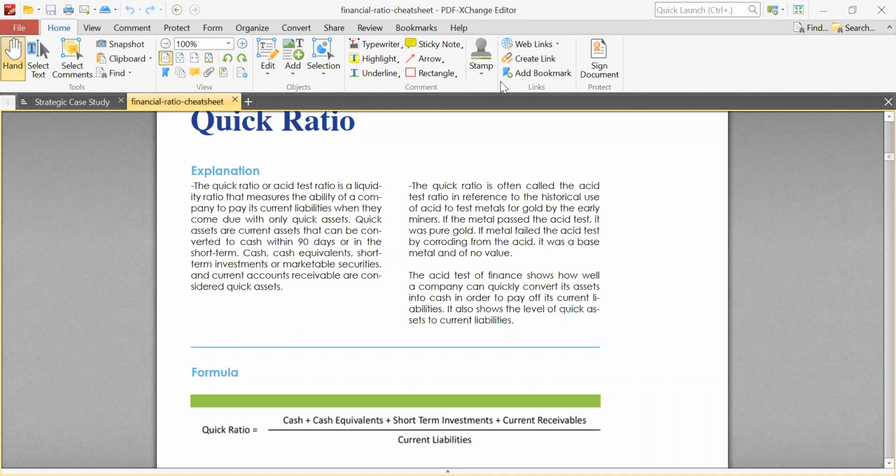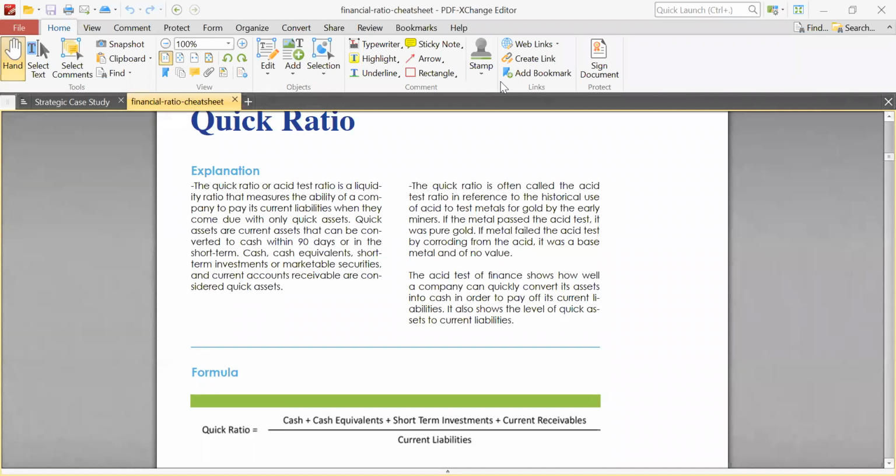But for the quick ratio, we are looking at current assets that can be turned over quickly into cash within a period of 90 days. Items like cash equivalents, short-term investments, and current receivables are current assets that can be turned over within 90 days, usually.